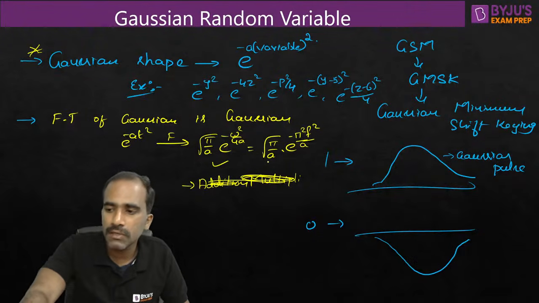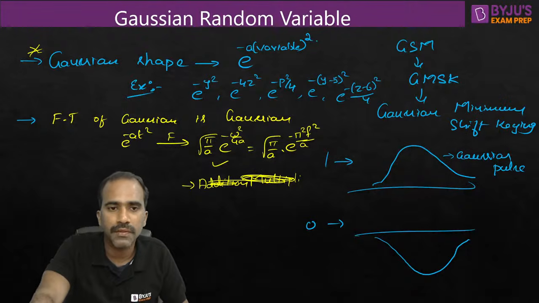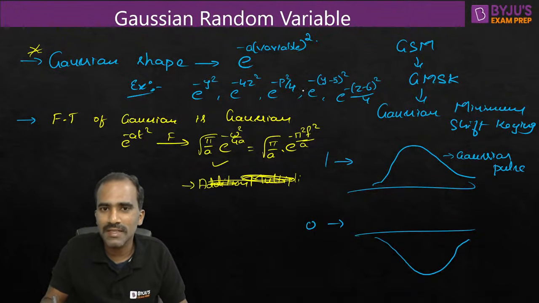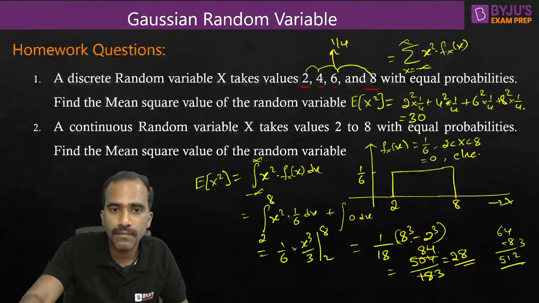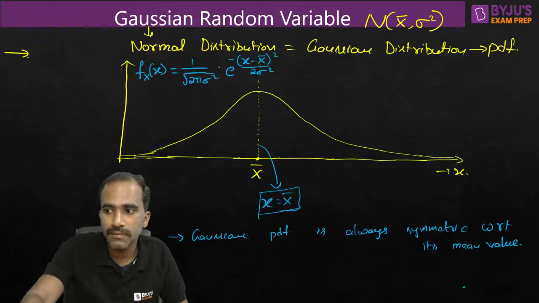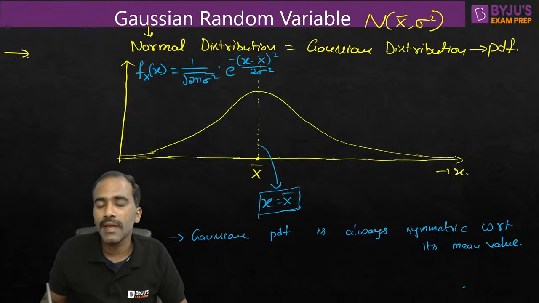So let's get back to our discussion on the Gaussian PDF. What is the difference between a Gaussian pulse and a Gaussian PDF? See, all these are Gaussian shapes, but if you calculate the area of them, it need not be 1.